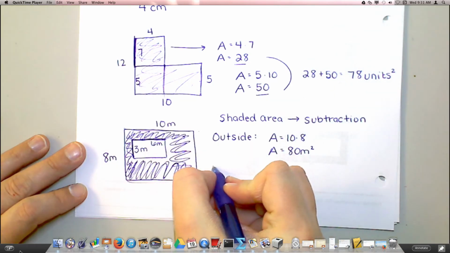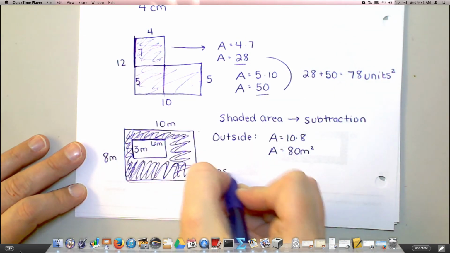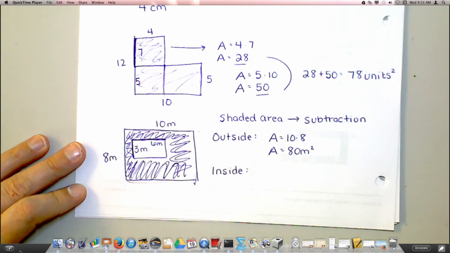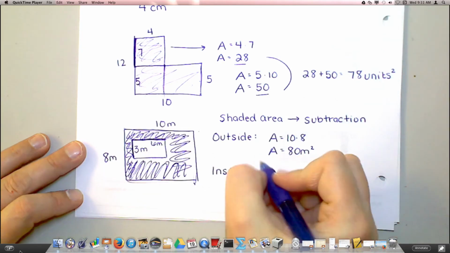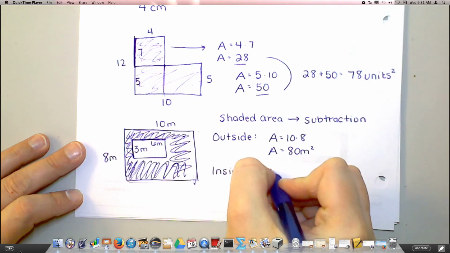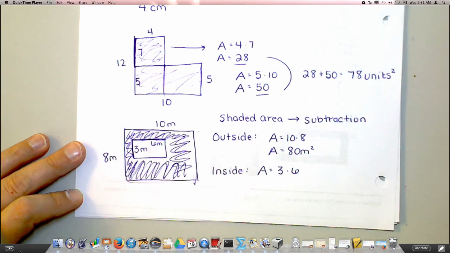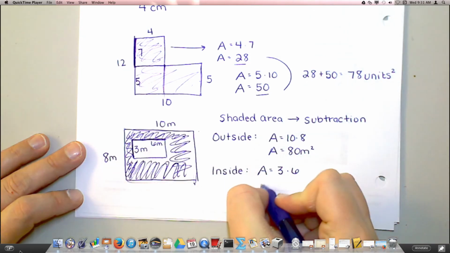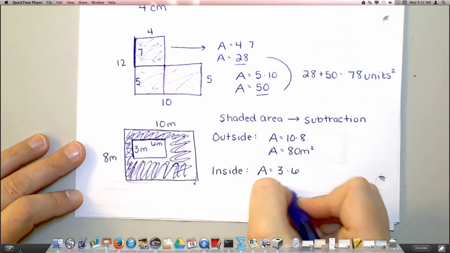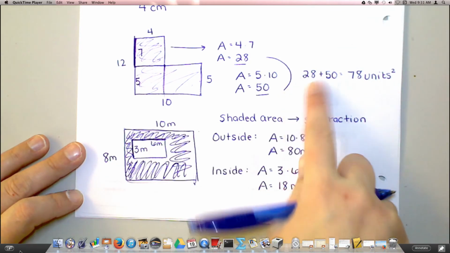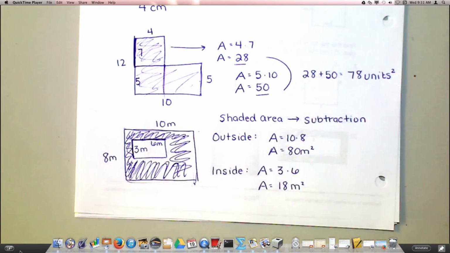Then I'm going to do the area of the inside rectangle. What would I multiply for the inside rectangle? Okay, 3 and 6. Or 6 and 3, it doesn't matter. Everyone see what I mean when I say inside and outside? So area is 18 square meters. And then, like back here, I added these together because I wanted that total area.